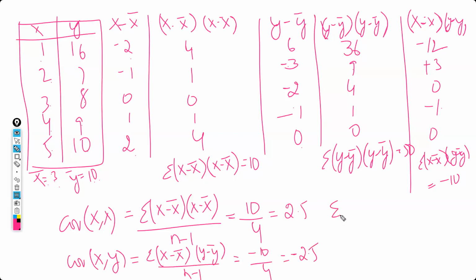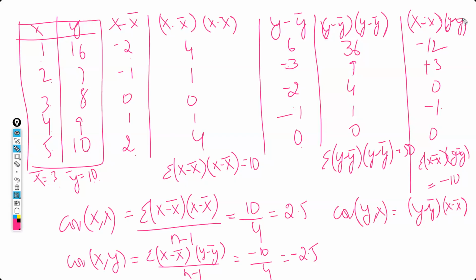Covariance of x comma y is completed. Now y comma x. What is y comma x? It means y minus y bar should be multiplied with x minus x bar.